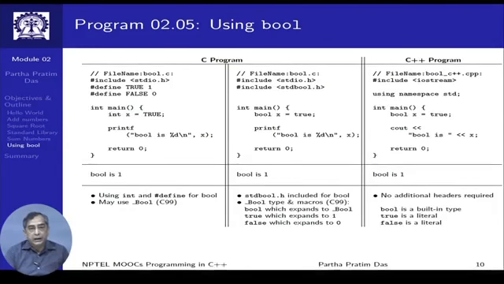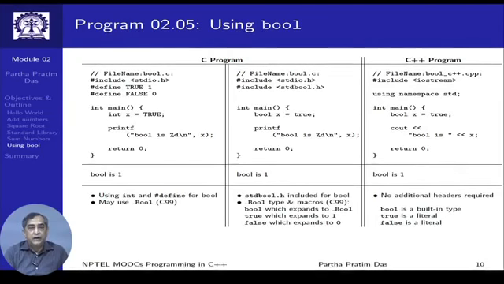Finally, in the last section of this module, we illustrate the use of the Boolean type. We all know that C has a possible use of a Boolean type, which is a type where we say that it can take a value either true or false. Now, C89, the original old C that we have, did not have a separate type for bool.